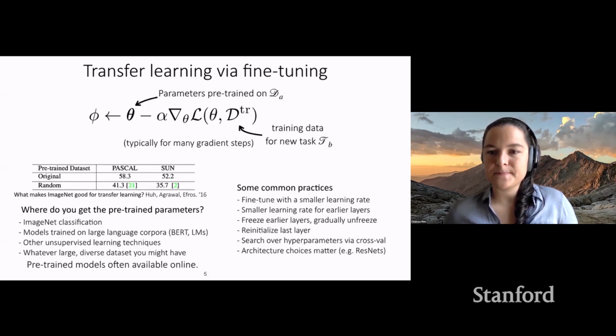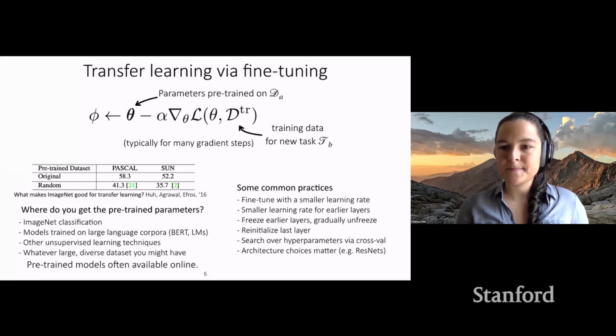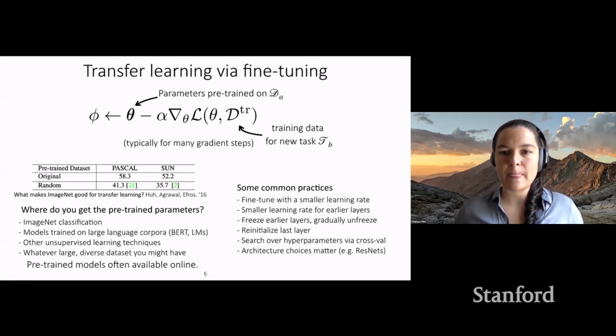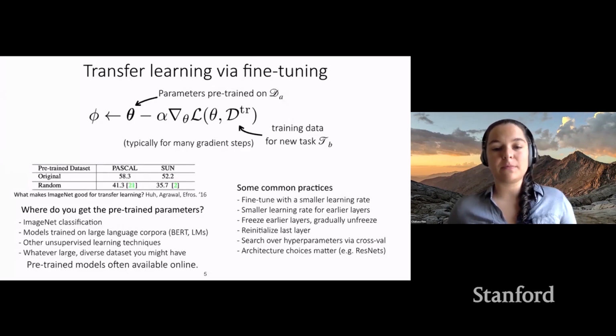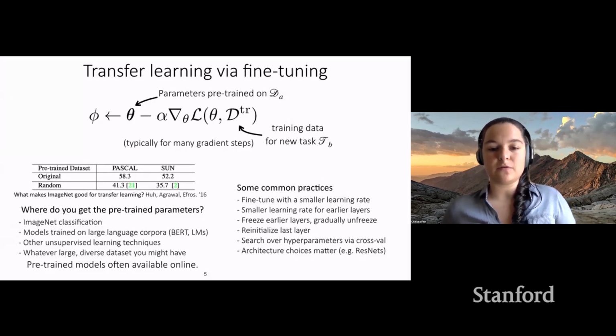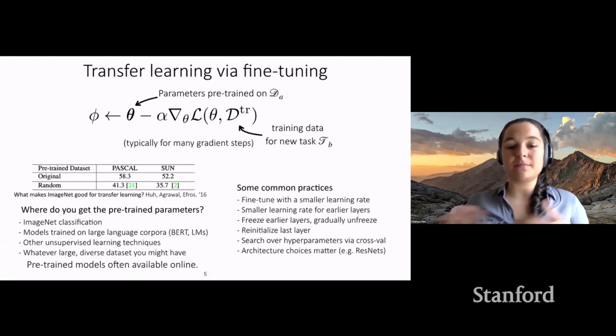You have a question? Yeah, can you talk a little more about search over hyperparameters? How would we do that in practice? One reasonable way to do that in practice is to choose some hyperparameters that you think might be reasonable, run fine-tuning with those hyperparameters, and then see what the validation performance is on a held-out validation set for some different choices.